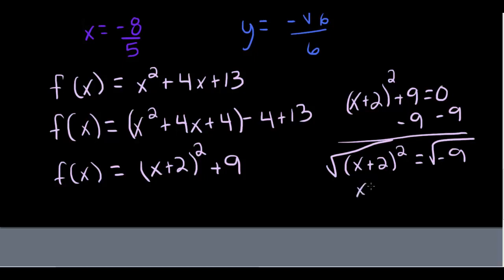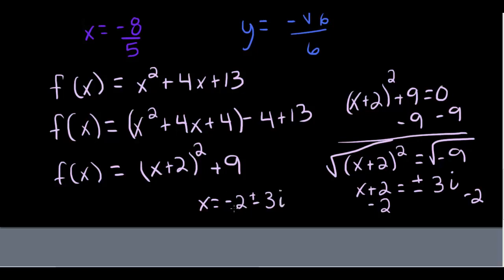So it's going to be x plus 2 equals plus or minus the square root of negative 9, which is going to be 3i, because the square root of 9 is 3, and the square root of negative 1 is i. So 3i. Then we subtract 2 from both sides. So the answer will be x equals negative 2 plus or minus 3i.